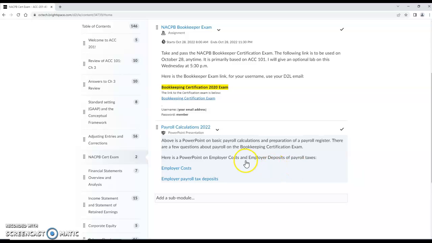And you also have to calculate the cost that the employer has to pull out of their own pocket. They have to match the FICA, which is Social Security and Medicare, and they also have to pay unemployment taxes, FUTA and SUTA. This PowerPoint, called Employer Costs, goes over those responsibilities.